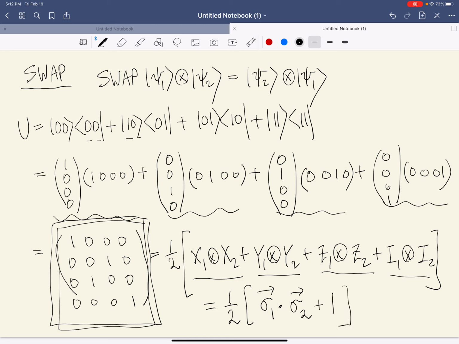So this swap operator finds a nice operator expression as the inner product of two Pauli matrices, one coming from the first qubit, the other one coming from the second qubit, with an extra factor of 1 to correct for the overall normalization.